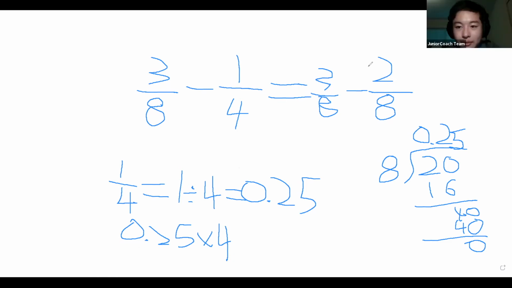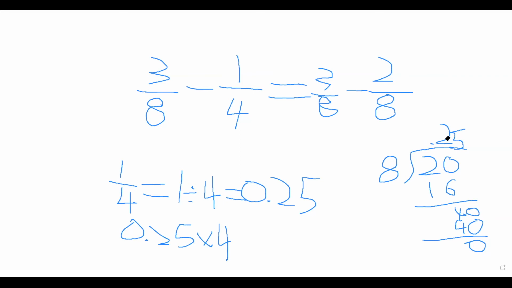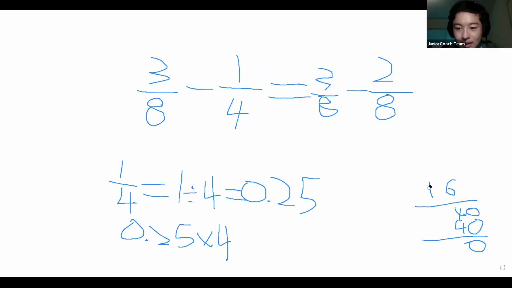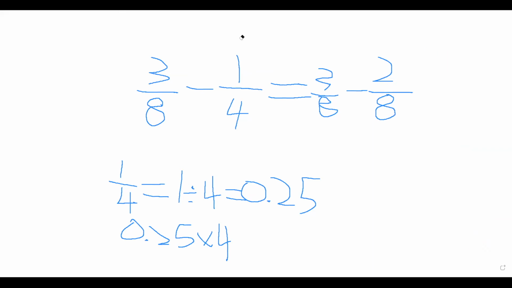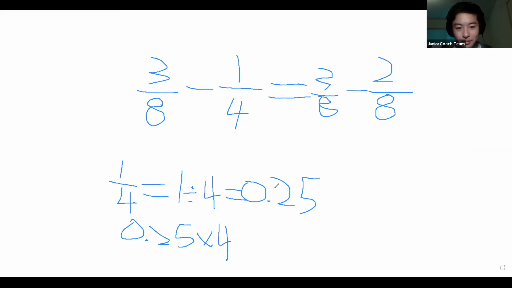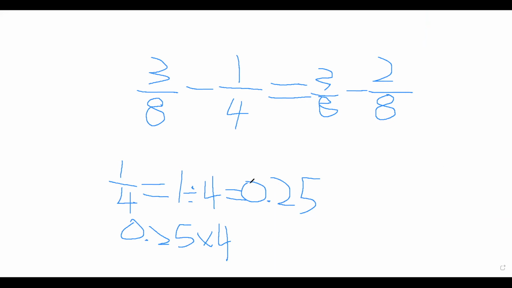So 1 divided by 4 would be 0.25, which is equal to 1/4. That is how we define fractions: 1/4 is equal to 1 divided by 4. But 2/8 is also equal to 0.25, because it's just a longer way of writing it, technically.